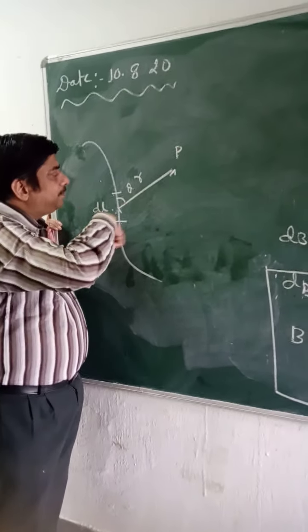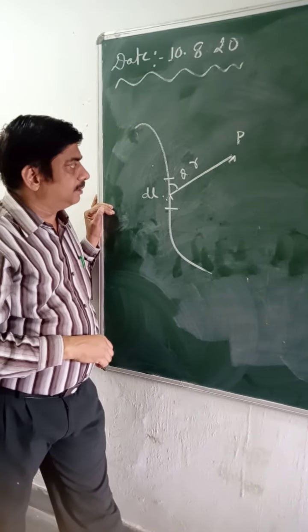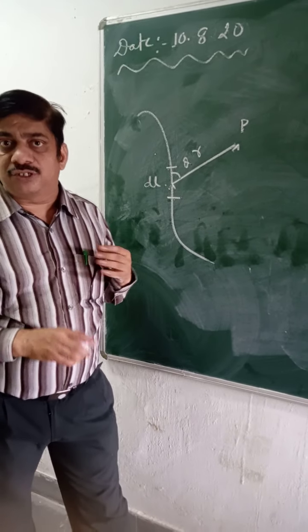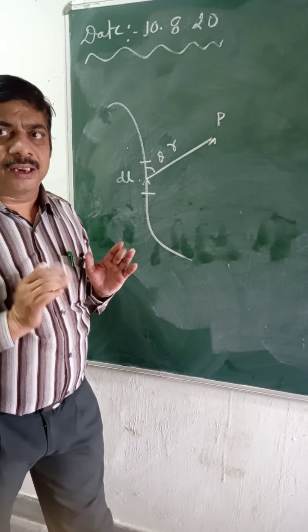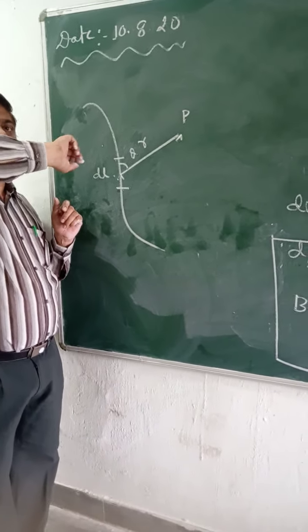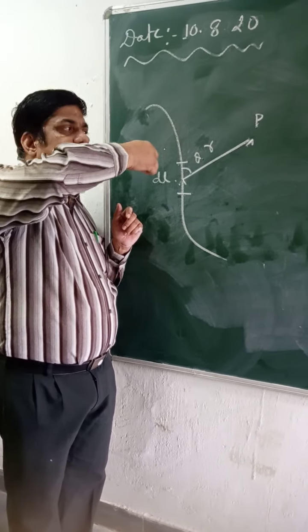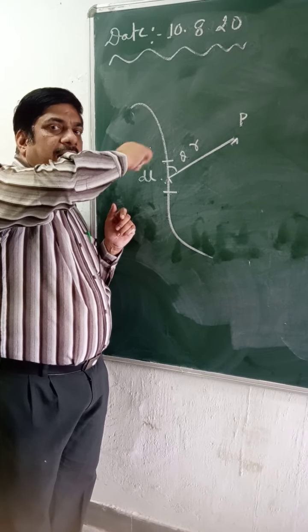For that we have the screw rule to find the direction. Have you seen a screwdriver? Now we have to rotate the screw in the direction of dl to r.